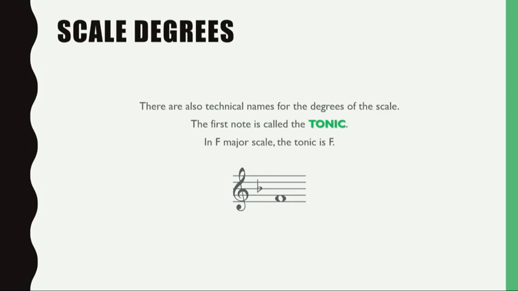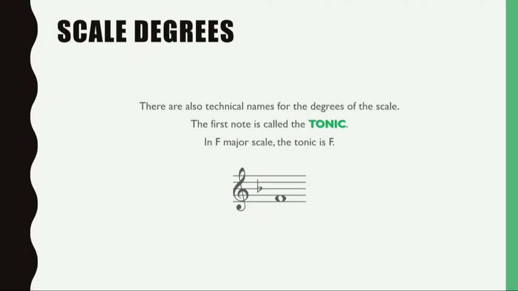All right, now, there are technical names for each of the degrees of the scale. The first note is always called tonic. So in F major scale, the tonic is F. Sometimes if you've done something like tonic solfa, you'll know that the first note is do.